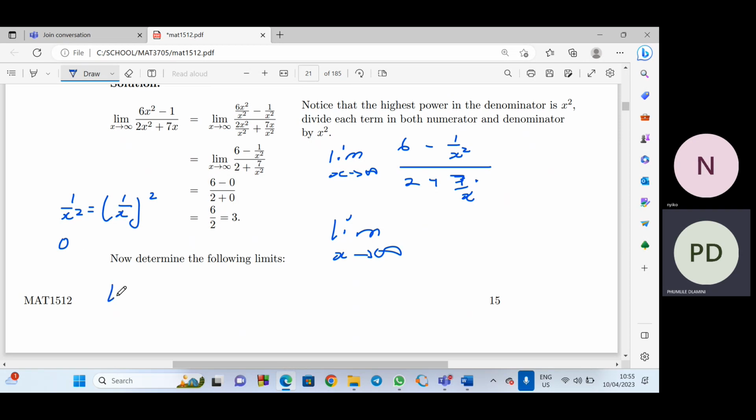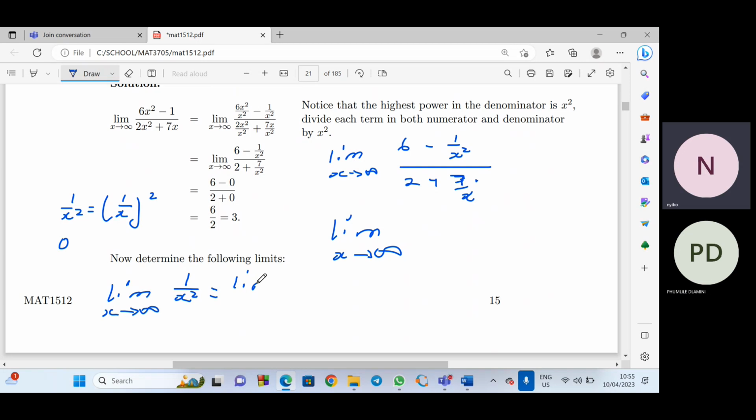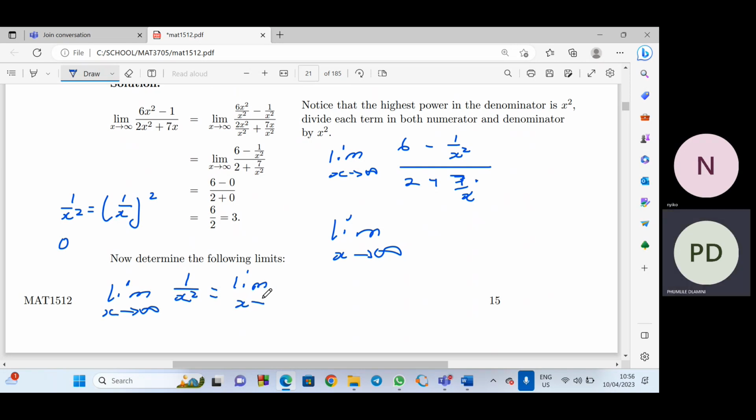If we are finding the limit as x approaches infinity of 1 over x squared, this is the same as the limit as x approaches infinity of 1 over x squared written differently, because 1 squared is 1 and x squared is x squared.